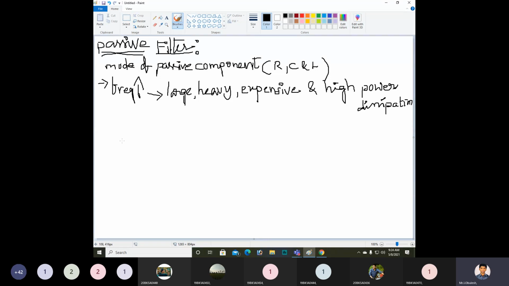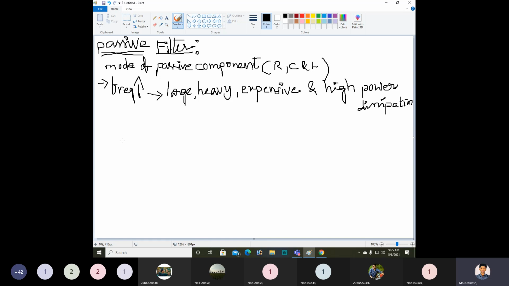So this is for the passive filter. You need to remember that passive filters are made of passive components like a resistor, capacitor and inductor. At high frequencies, the inductor becomes problematic, as it becomes large, heavy, expensive and has high power dissipation.